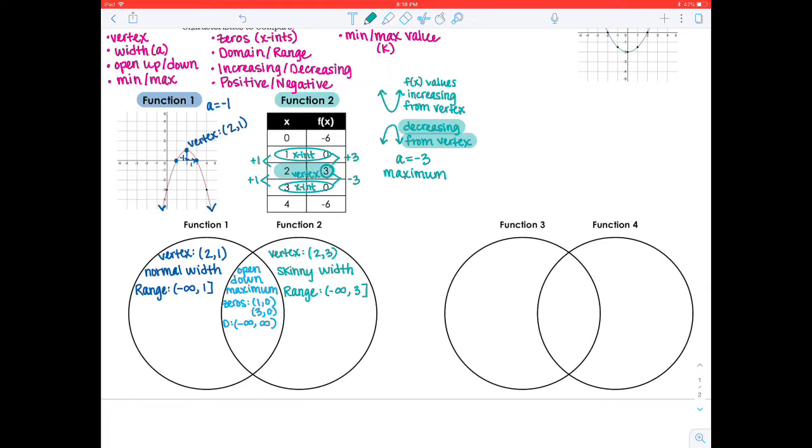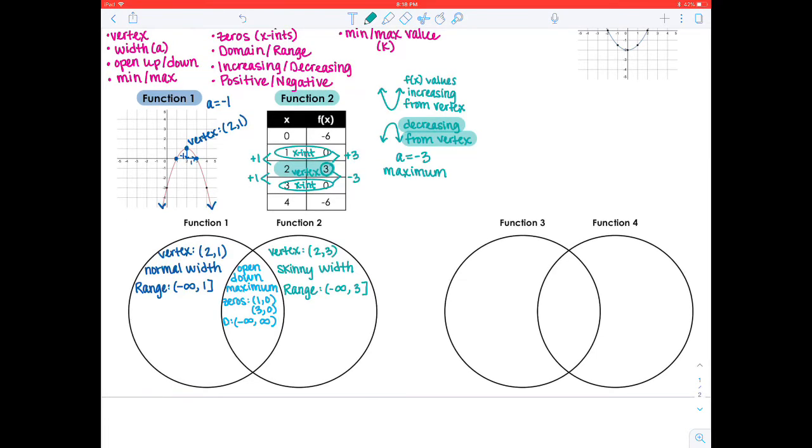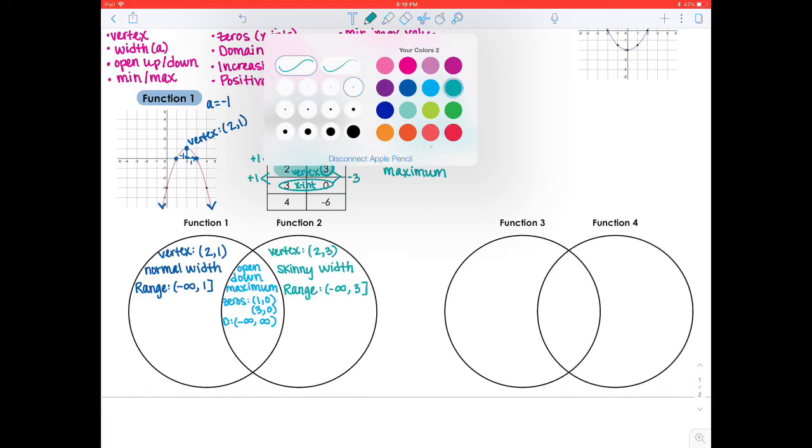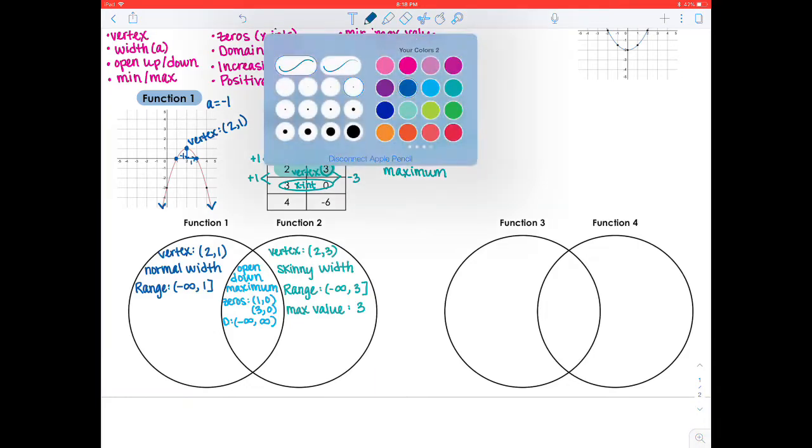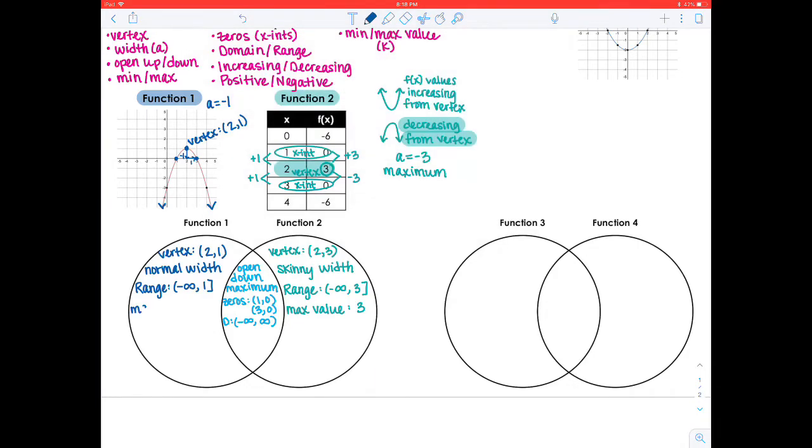Which in turn, that tells us what our minimum or maximum value is, and they have different ones, so we could include that. Function 2's maximum value is 3. And function 1's maximum value was 1, so those were different.